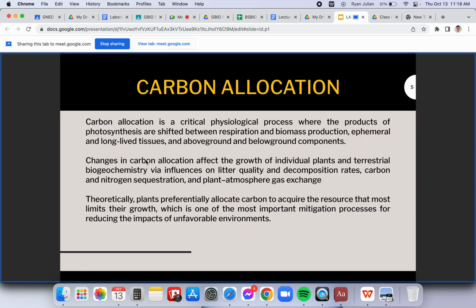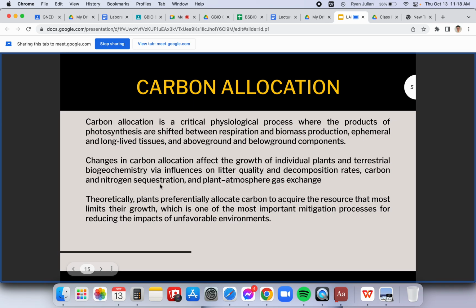Carbon allocation, as what's been written on your screen right now, is a critical physiological process where the products of photosynthesis are shifted between respiration and biomass production, ephemeral and long-lived tissues, and above-ground and below-ground components, wherein changes in carbon allocation significantly affect the growth of individual plants and terrestrial biogeochemistry via influences on litter quality and decomposition rates, carbon and nitrogen sequestration, and plant atmosphere gas exchange.